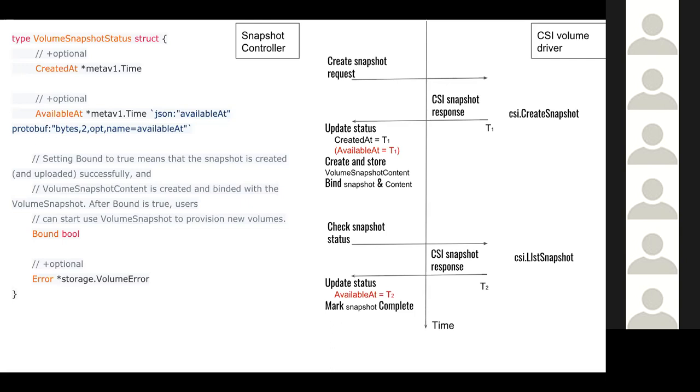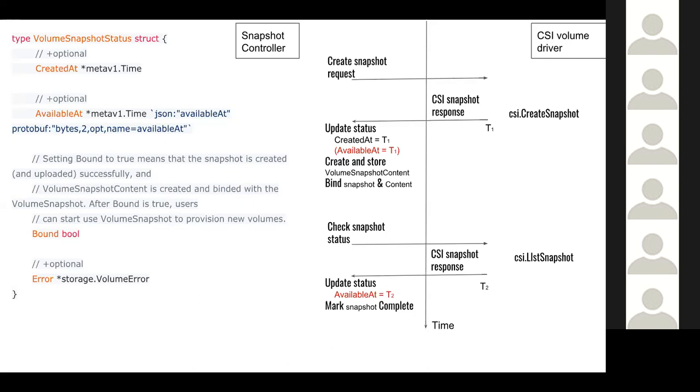When the snapshot uploading finishes, it will eventually return the ready status. And that is when the controller will set available at to a different timestamp. And then that is the moment we can say this snapshot is complete, right? It's completely ready to be used.